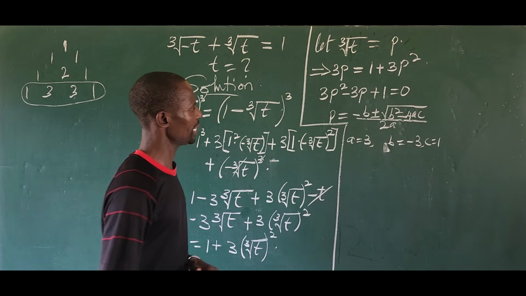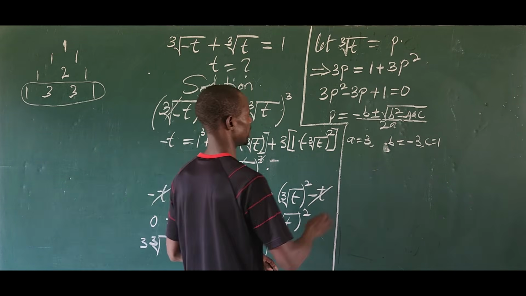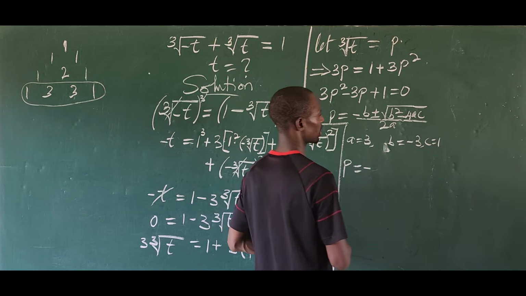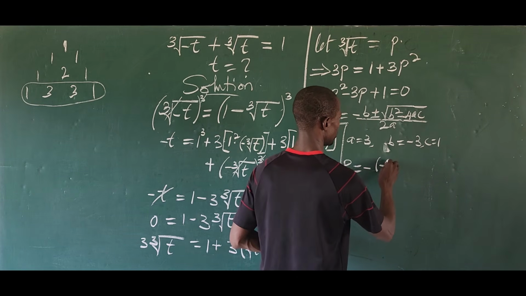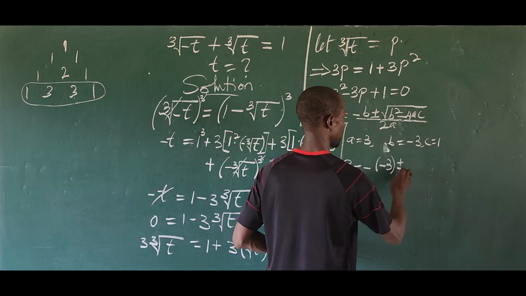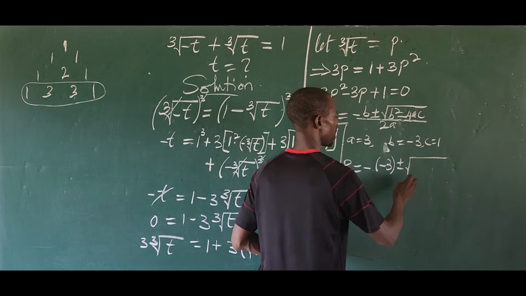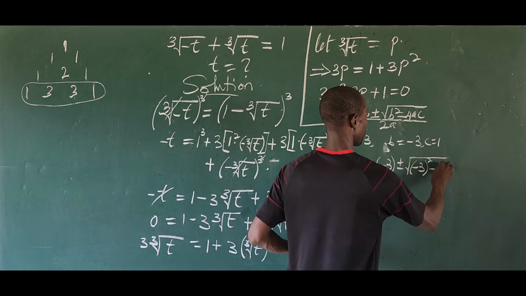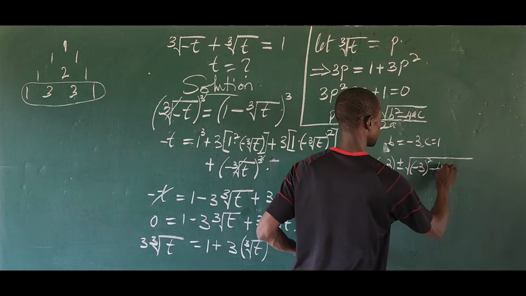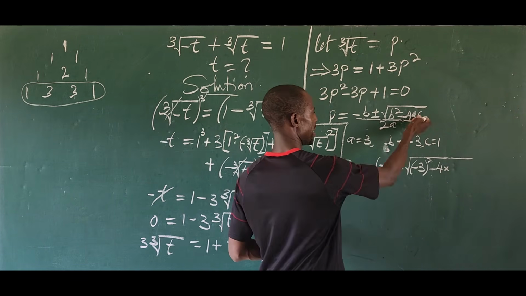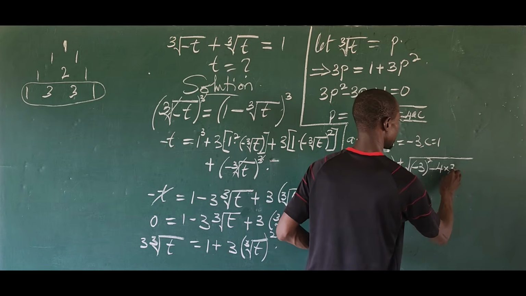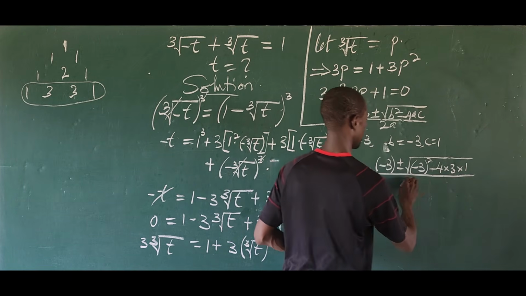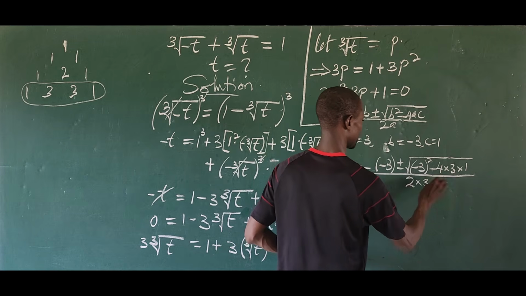So let's substitute in and see what this gives us. We're going to have p equal to minus bracket minus 3 close bracket, plus or minus the square root of minus 3 all raised to the power of 2, minus 4 times 3 times 1, everything all over 2 times 3.